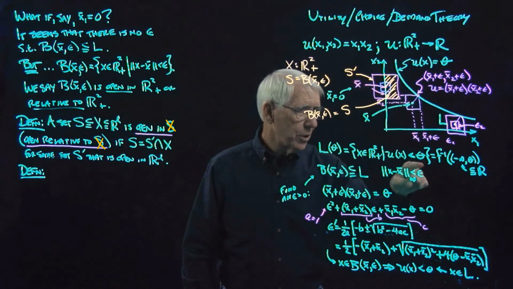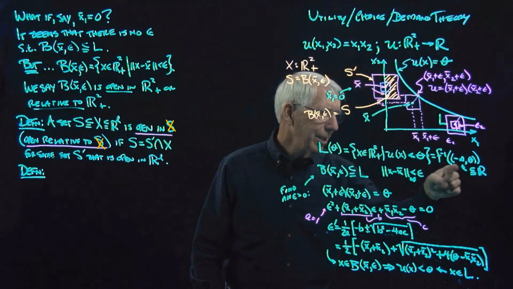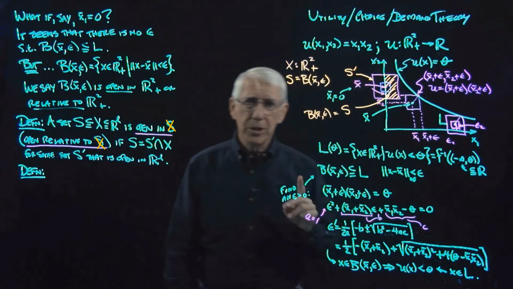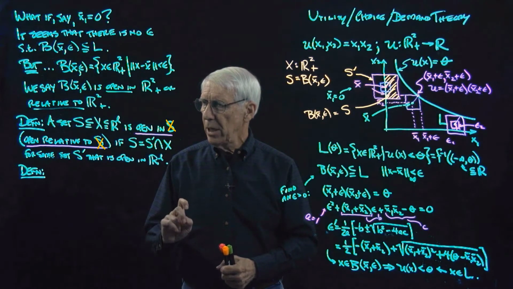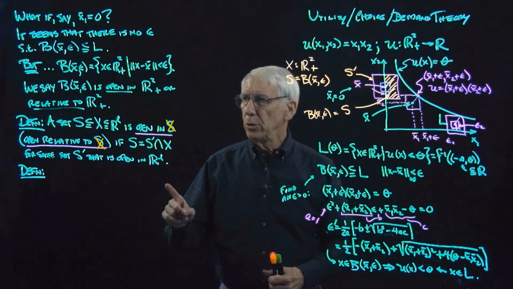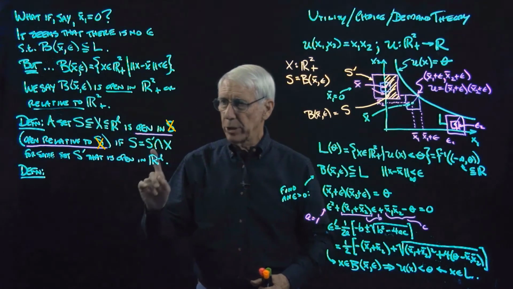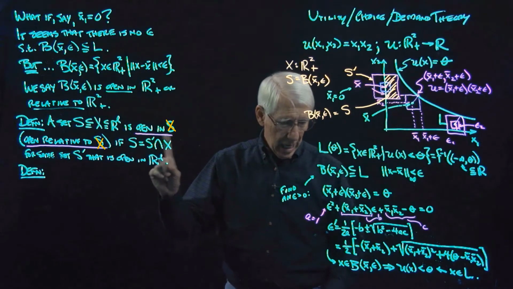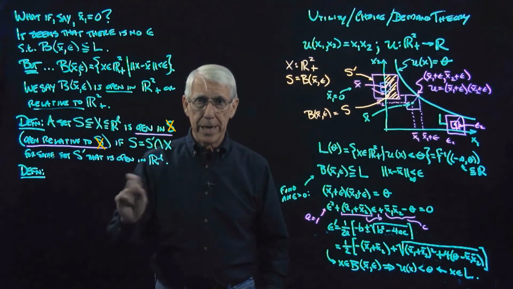This lower contour set is the pre-image of simply an interval of R. Well, I think what we want to do here is maybe go back to the definitions we gave before. So I think we're going to take this off and we're going to put back on the screen our equivalent definitions. So we'll do that now.